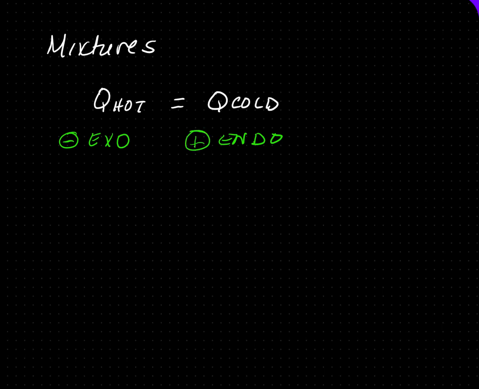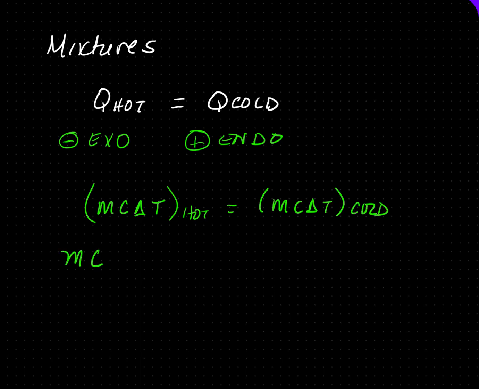The simplest equation for Q hot and Q cold is mc delta T of the hot is going to equal mc delta T of the cold. If I rewrite my temperature, which is mc T final minus T initial, this is my hot.